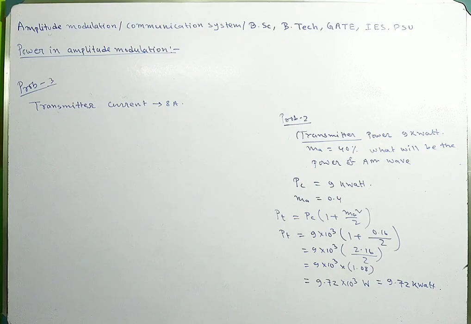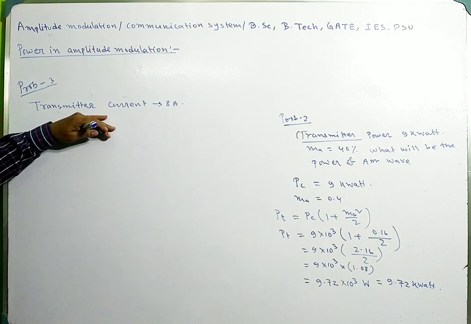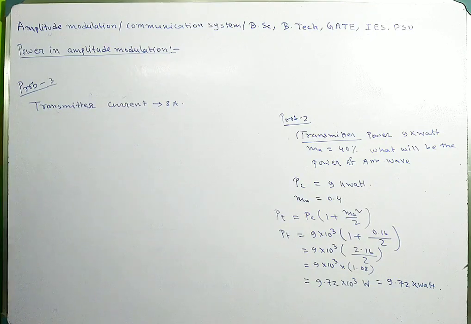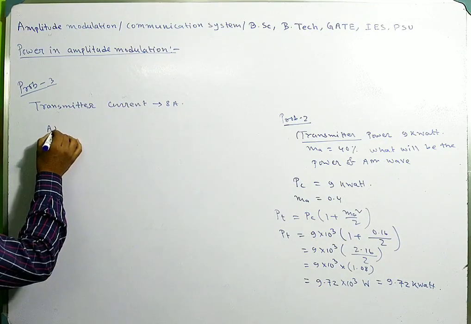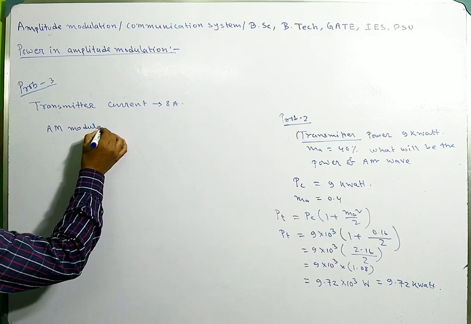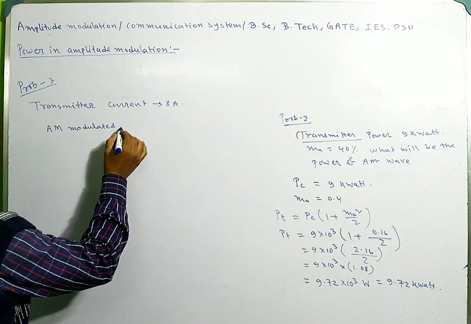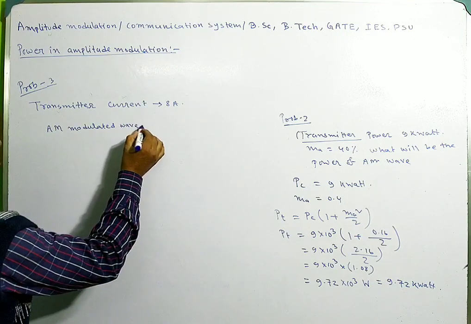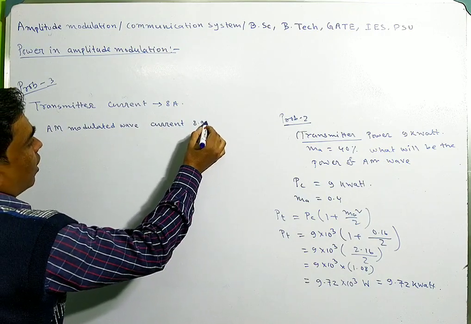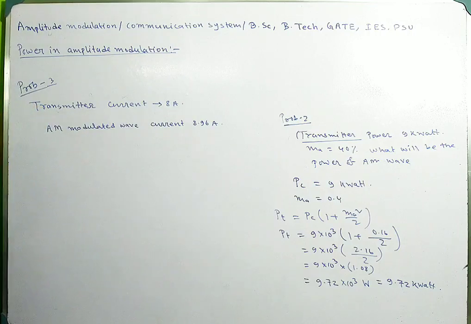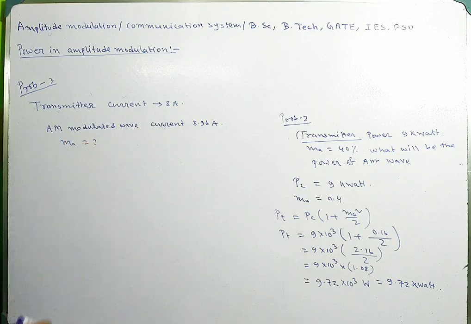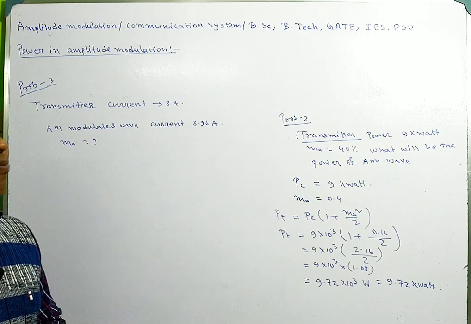Now using this wave you can modulate, and the amplitude modulated wave has a current of 8.96 ampere. Now you have to find out what is the modulation index in this case.